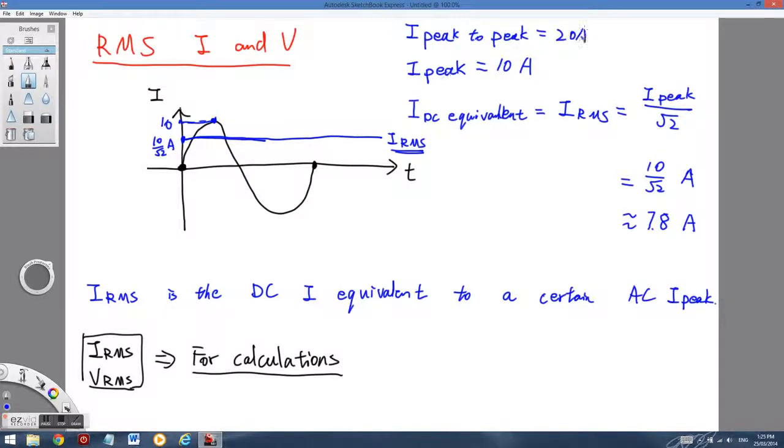It means the difference between the maximum and the minimum, which is 10 and minus 10, which is 20 amps. So the peak-to-peak current will be 20 amps, and the peak current will be 10 amps. It is equivalent to a DC current of 7.8 amps in a circuit.